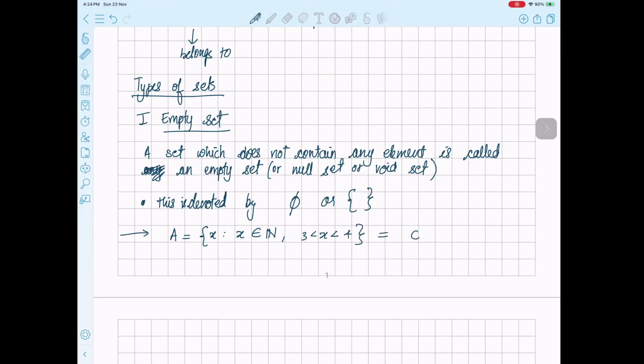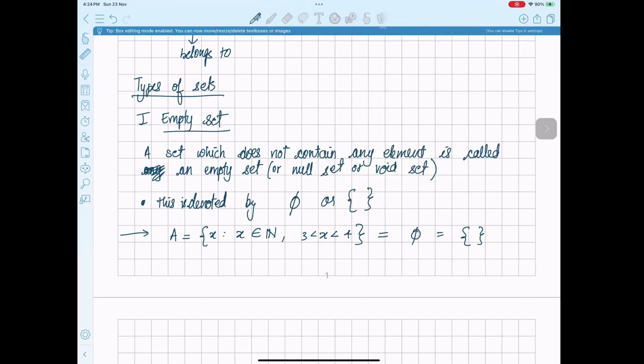This is essentially a null set or a void set, because the set of natural numbers is strictly numbers like 1, 2, 3, 4, 5, and so on. And so there isn't any natural number that exists between 3 and 4, right? And that is why this set would be an empty set or a null set or a void set.